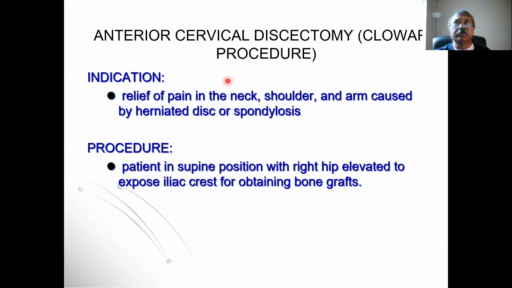Anterior cervical discectomy. Traditionally, it was named after Dr. Cloward, so that is why it's called the Cloward procedure also. But anterior cervical discectomy is how this procedure will be scheduled on your surgery schedule.